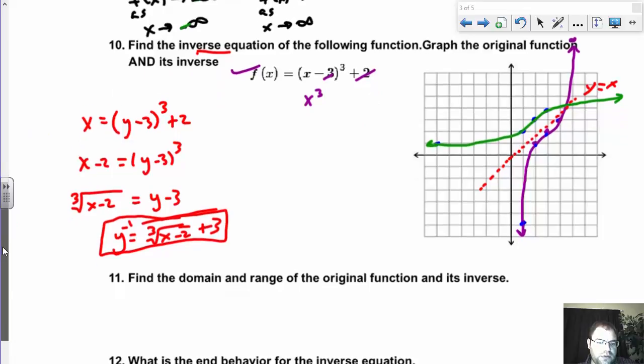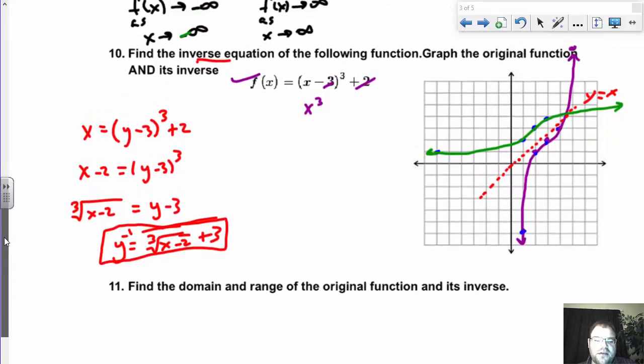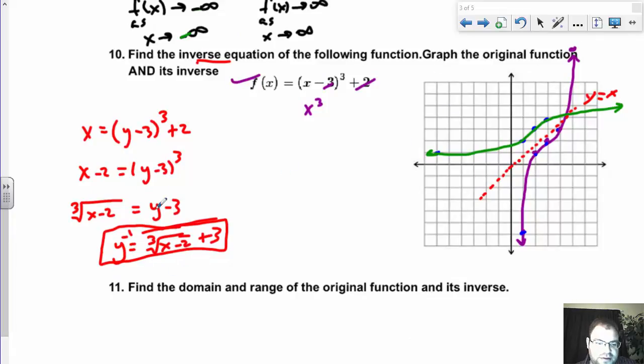So let's move on to number 11. Find the domain and range of the original function and the inverse. This is going to be very much like the first example we did just above. We're going to say f of x has a domain and range, of course. The domain, this is the original function, this graph is going to go this direction forever, and this is going to go down forever.